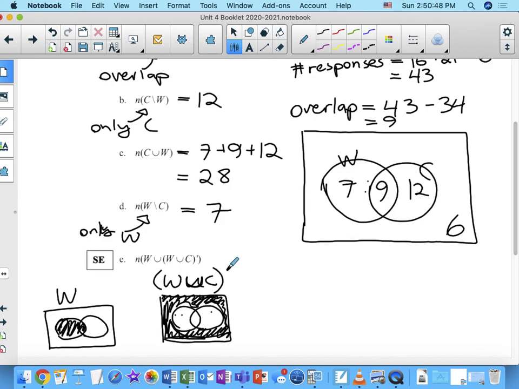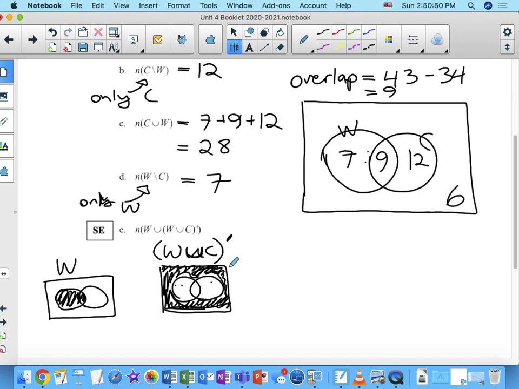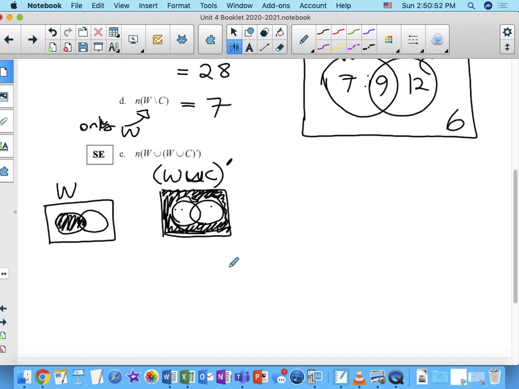Okay, now if this is an OR situation, what you almost want to do is imagine that each of these is on a transparency. You take this one and put it on top of this one, and you imagine everything that's shaded. Everything that's shaded is what you're counting. So if you were to take this and place it on top of here, this piece would also get colored in.